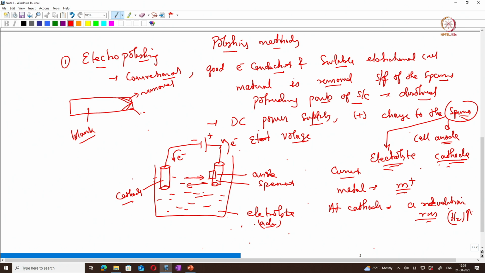Okay, so if you magnify this particular region, assuming that this is the surface of the specimen, then usually the metal will dissolve as Me plus ions into the electrolyte, so that there will be a dissolution of the specimen.